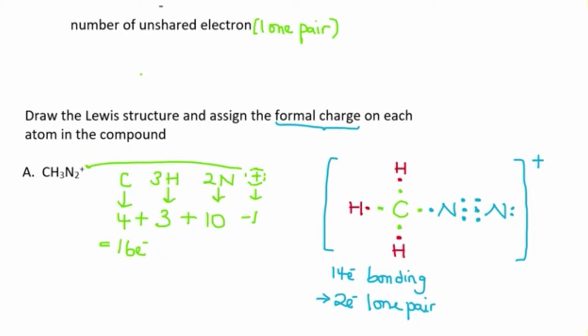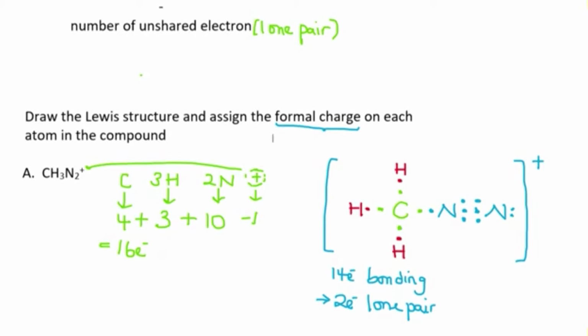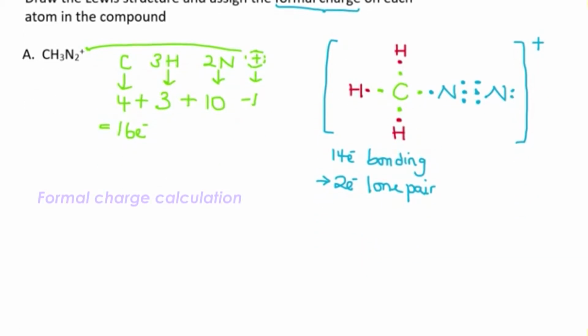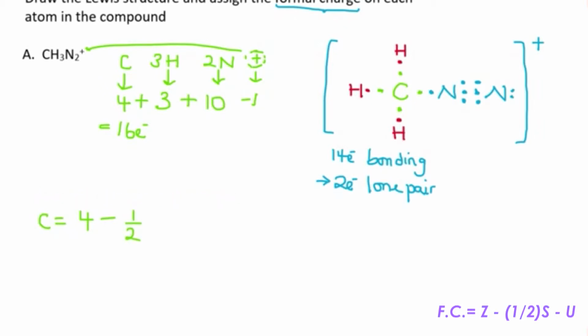So for each atom, let's start with carbon. We recognize that carbon has 4 valence electrons, and we subtract half of the number of electrons involved in bonding, which in this case is 8.